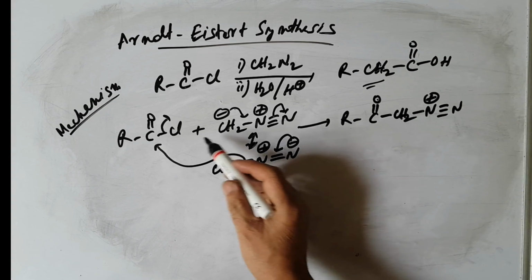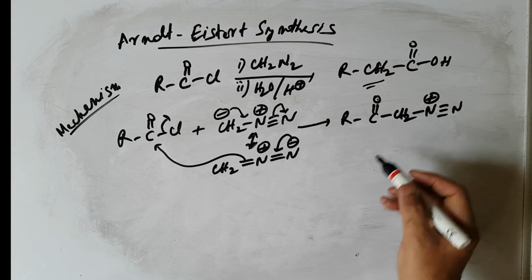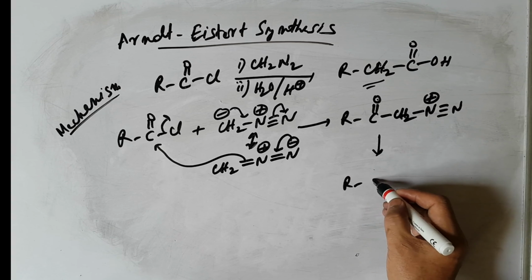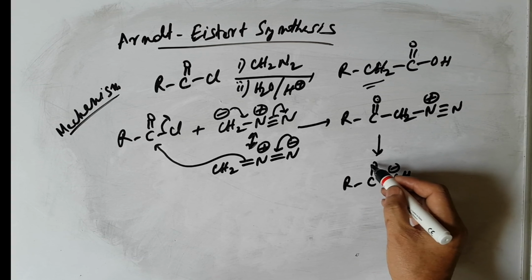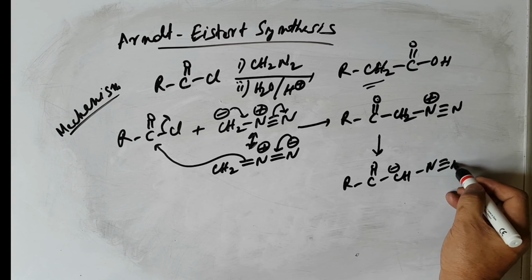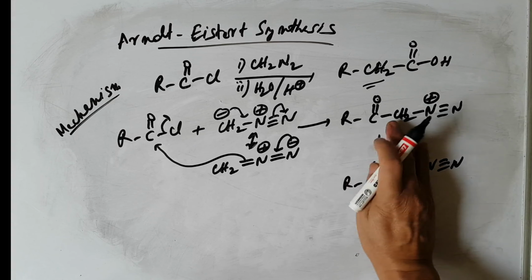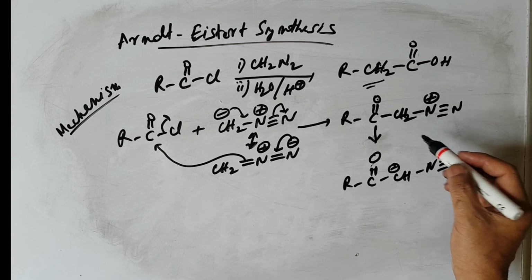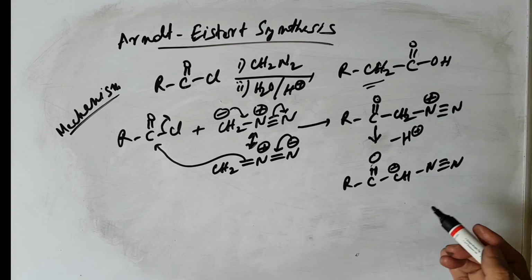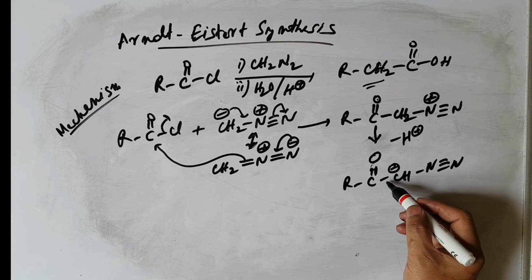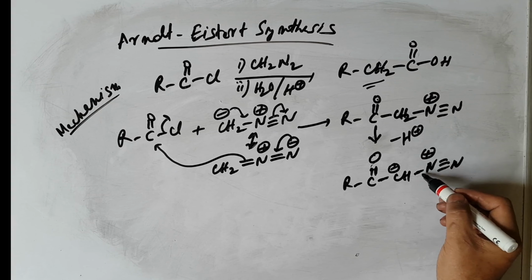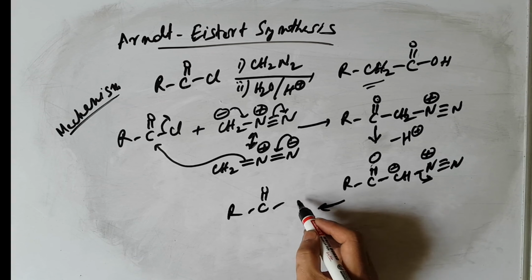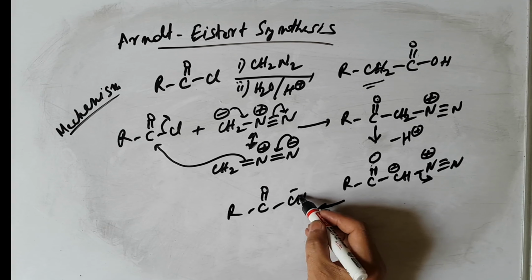So this is on the triple bond like this. First, this proton is removed, abstracted by a base, the proton on the carbon next to the ketone. After loss of the proton and loss of nitrogen, a carbene is formed.